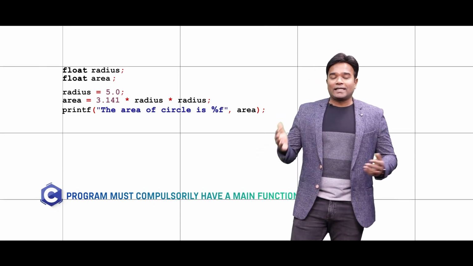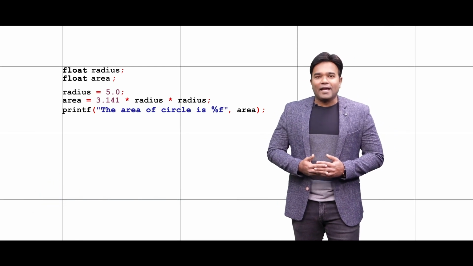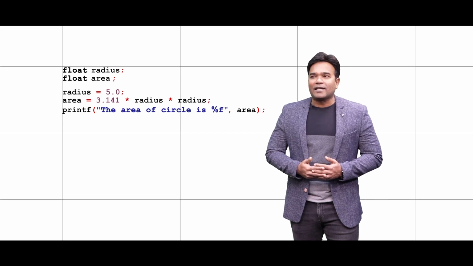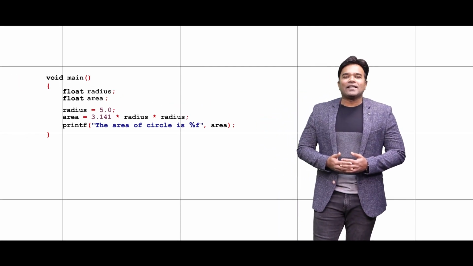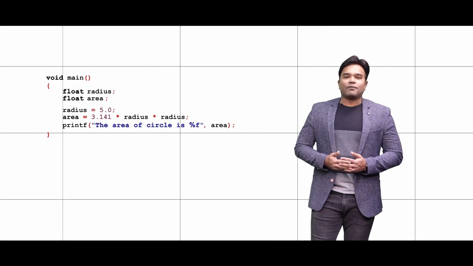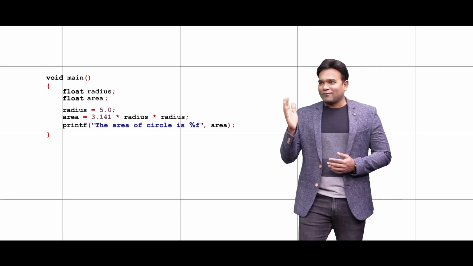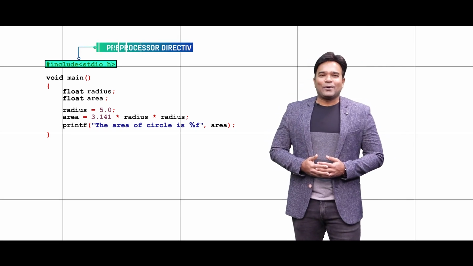Now, why is it that we have to enclose it within the main function? Again, I would definitely be communicating each of that moving forward, but this is the way that I can place it within the main function. And if this program has to execute, then you also have to have this. Yes, the hash include stdio.h.